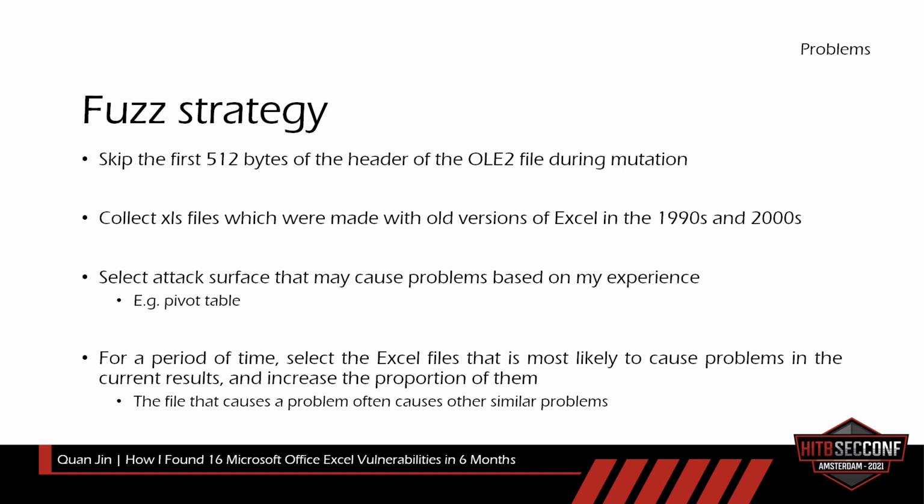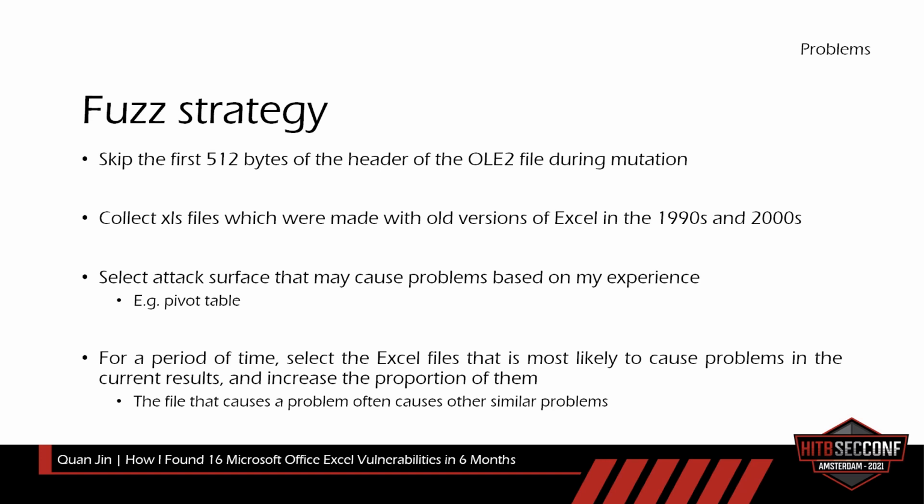My experience on fuzz strategies, including but not limited to the following. Skip the first 512 bytes of the header of the OLE2 files during mutation to improve the effectiveness of mutation.